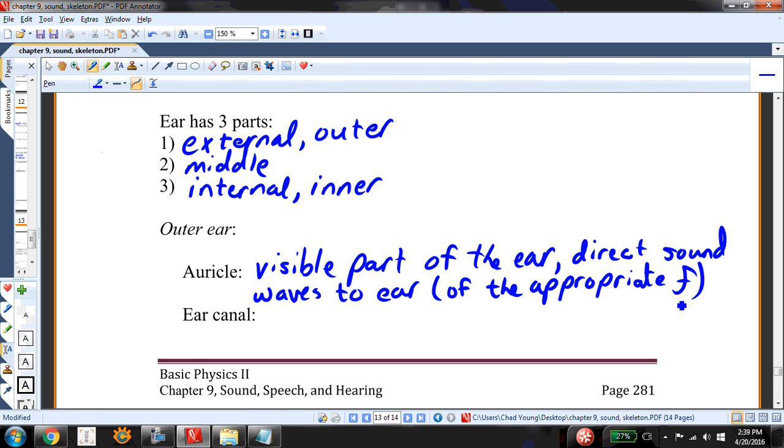Now the ear canal is about 1 inch long. It's the part after the auricle, so you're not supposed to stick anything down in there. Nothing smaller than your elbow down into your ear canal. So don't use Q-tips, don't use your fingers, don't put anything down in there. You don't want to mess around with your ear canal. It's about 1 inch long, a couple centimeters. It's open at the auricle and closed at the eardrum.